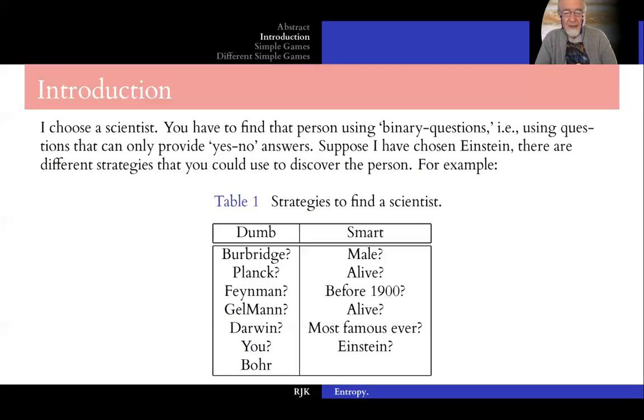Is it male? You generally cut half the people out if you find out that it's either male or female. Is it alive? Was it before 1900? Anyway, is he the most famous scientist ever? When you get yes on that, you can say Einstein.